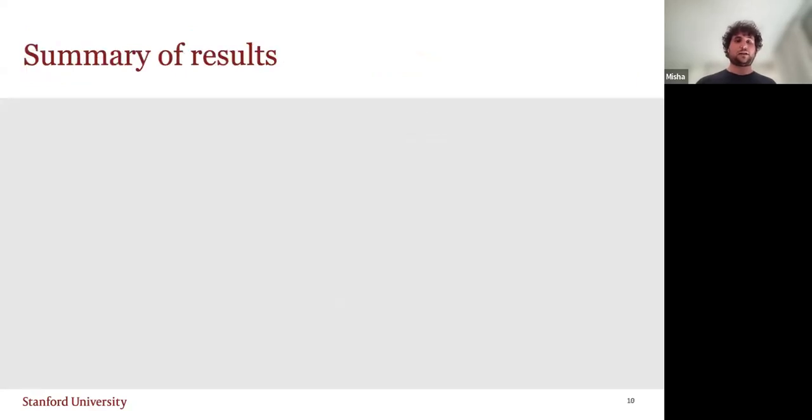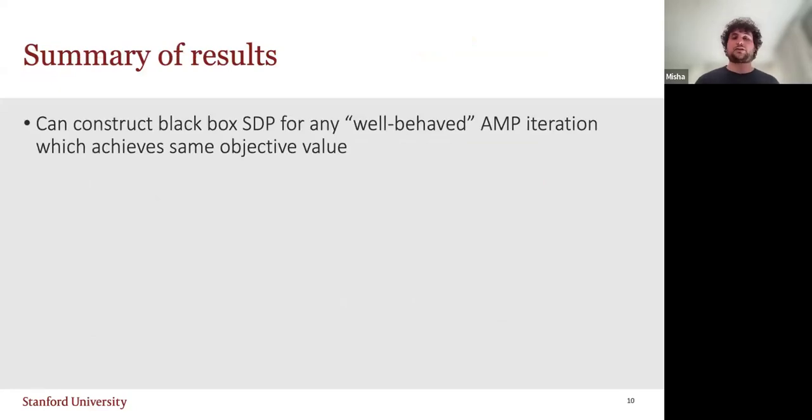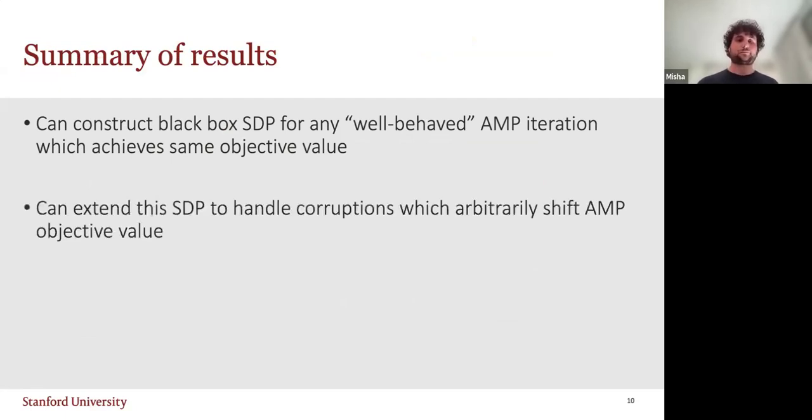Okay. As a summary of what we've shown so far, we can construct a black box SDP for any well-behaved AMP iteration, where well-behaved here essentially means polynomial, Lipschitz, anything close to that. And we can achieve the same objective value as AMP, not necessarily the true objective value, but the one that AMP provides us.